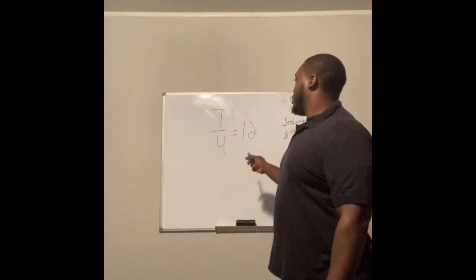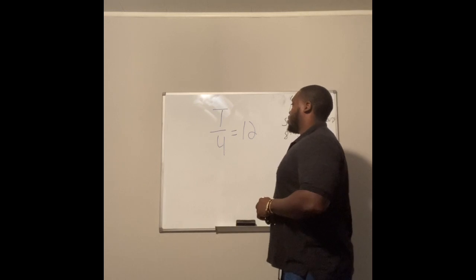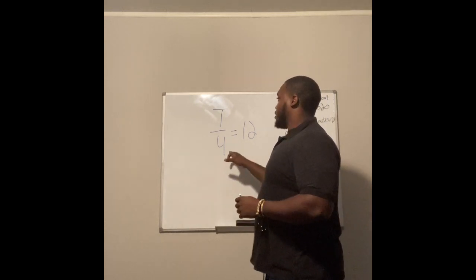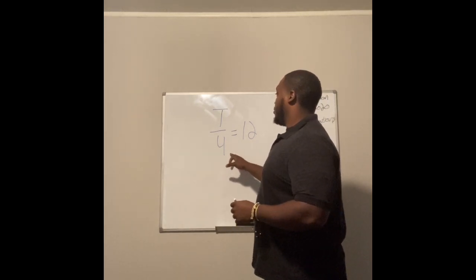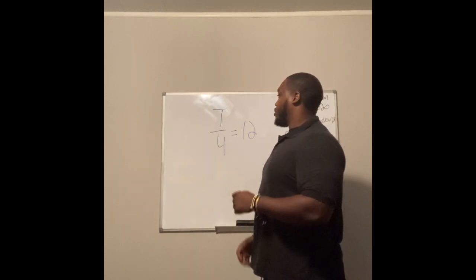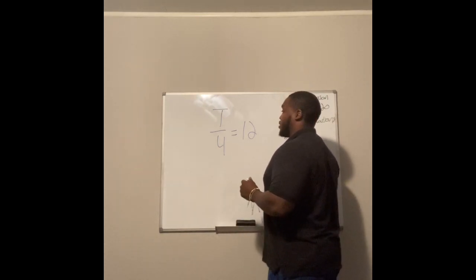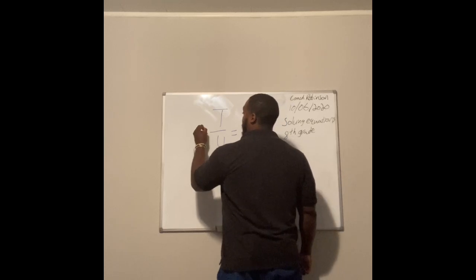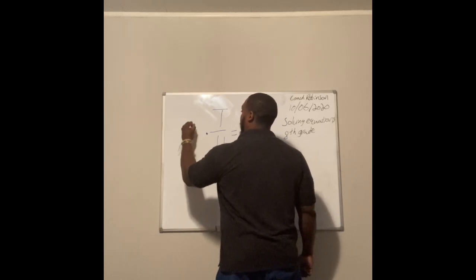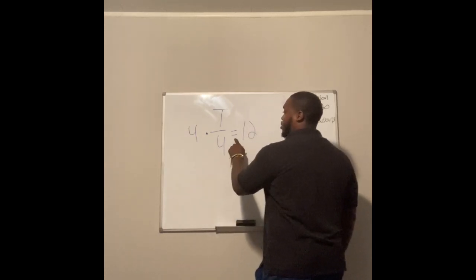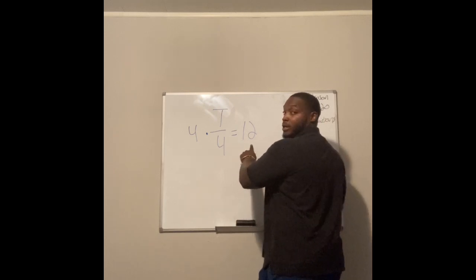Let's do this example. T over 4 equaling 12. In order for us to isolate the variable t, we have to do the opposite mathematical operation, which is multiplication. So we have to times t over 4 by 4, and whatever you multiply on one side of the equal sign, you have to do to the other side.